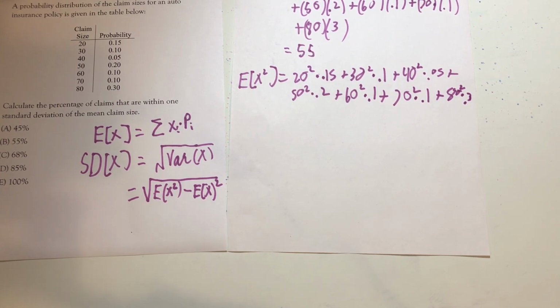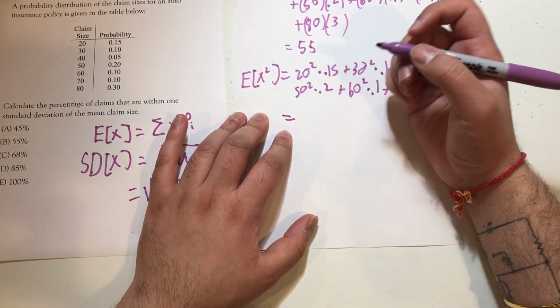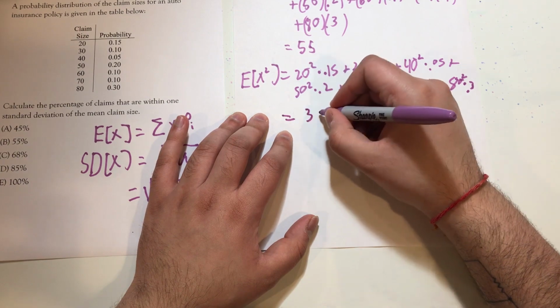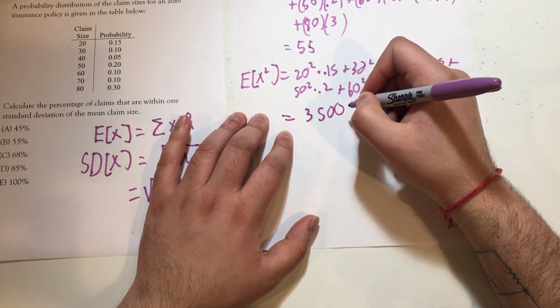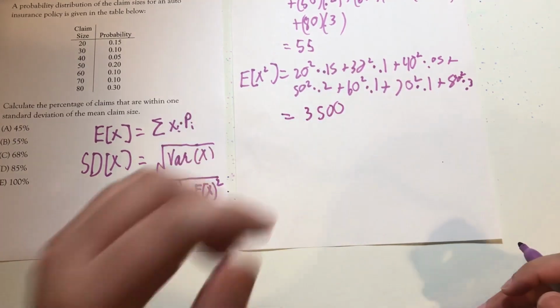Okay, got it. So that is going to be equal to 3,500.